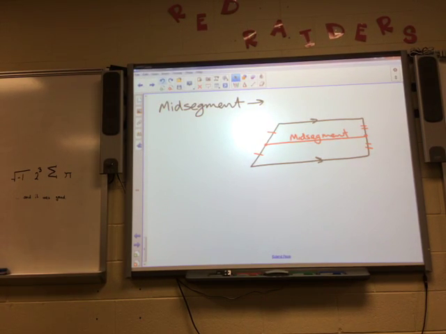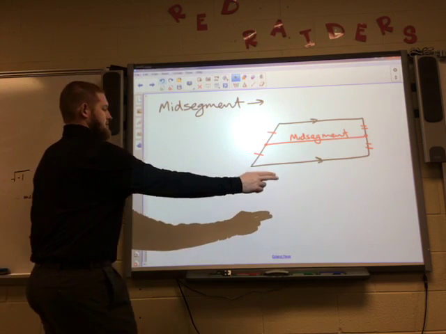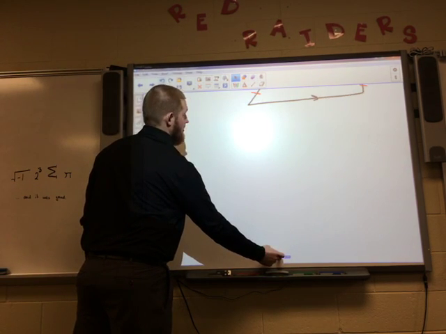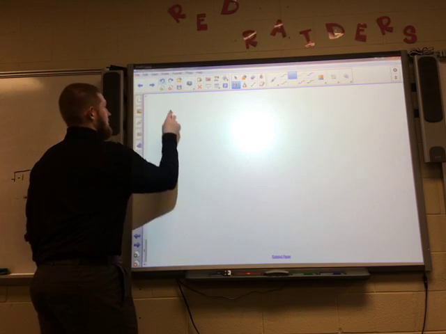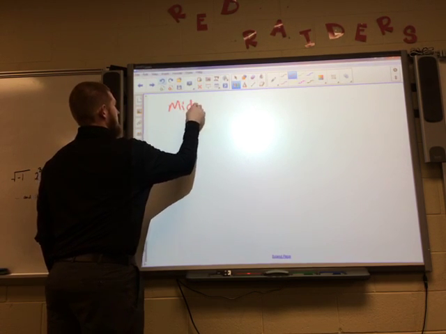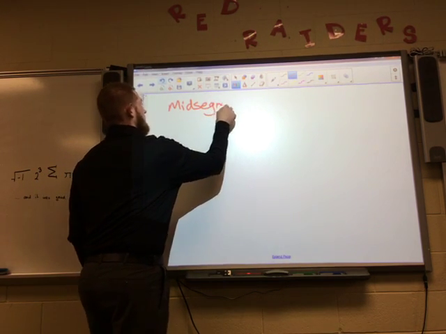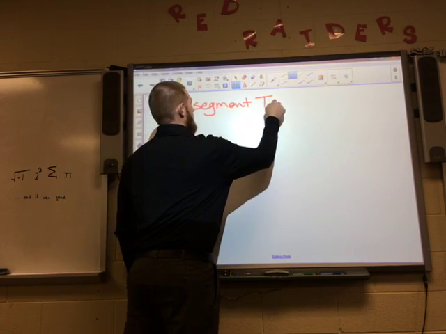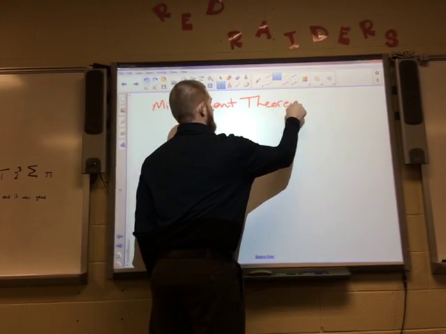And the last theorem that you have under your trapezoid section over there is called your mid-segment theorem.